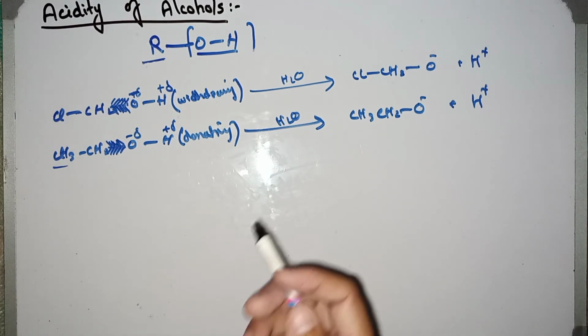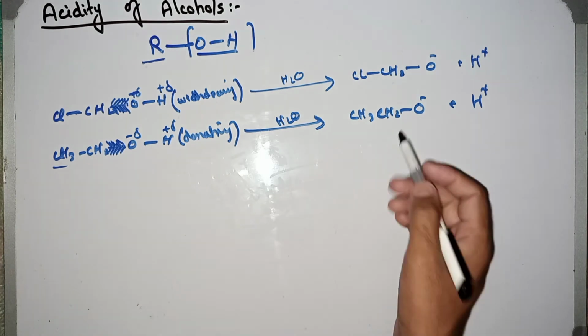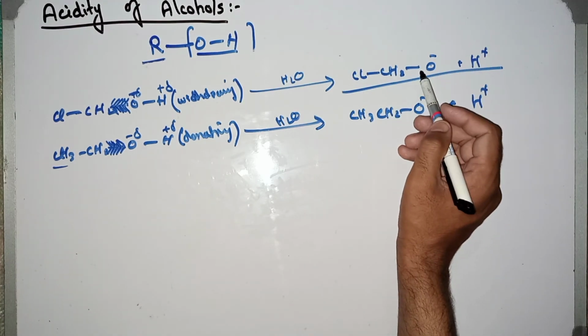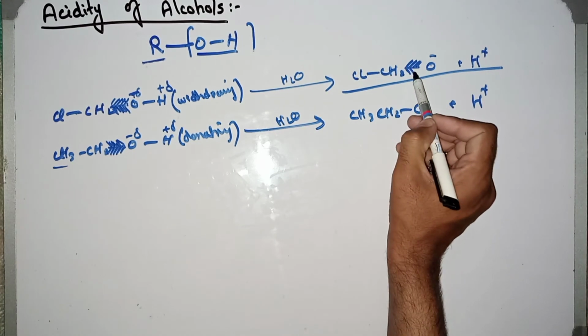So in both cases, which one will be more acidic, and which solution will be less acidic? In the first solution, an electron withdrawing group is attached that withdraws electrons from the oxygen atom.